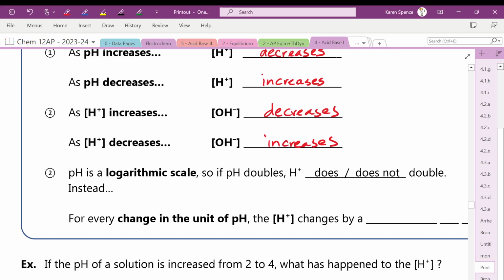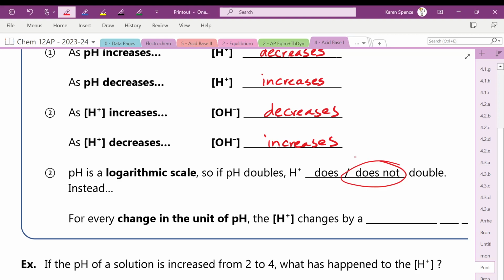pH is a logarithmic scale. So if we were to double the pH, does H plus double? No. Okay, we'll find out what it does do, but it doesn't double. How many of you have done logarithms in math? Okay. Here's the nice thing in chemistry. If you did not like logs, all you need to be able to do is press the button on your calculator in Chem 12. Okay, that's it for being able to do logs in Chem 12.